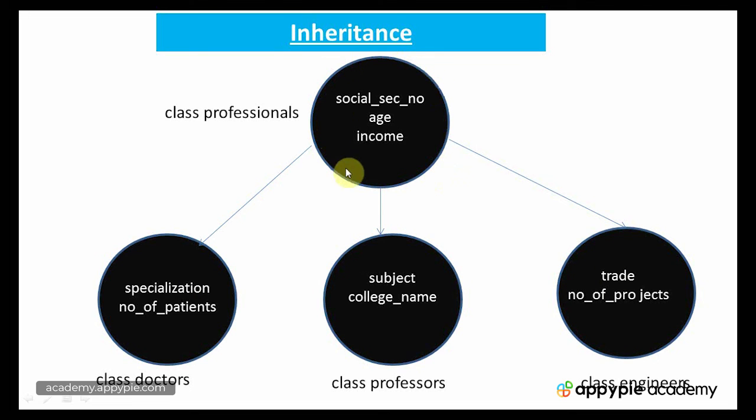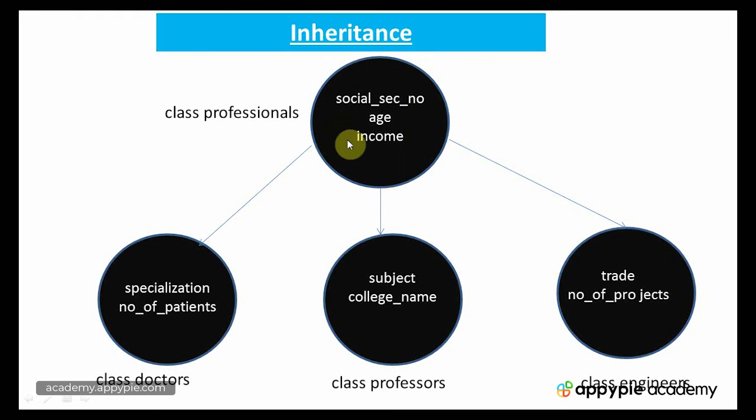Now, what we want to do is, irrespective of the profession, it is a must that we should have social security number, age, and income. That means these three data, social security number, age, and income, are going to be associated with all these classes: Doctors, Professors, and Engineers.